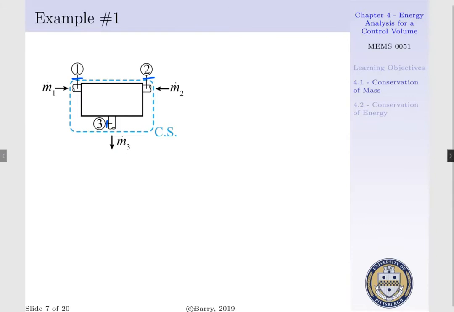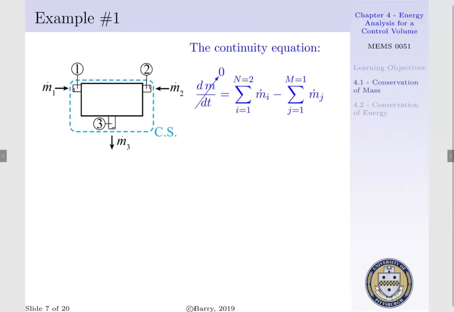Now if we express our continuity equation for an open system that's operating under steady state, we see that our time rate of change of mass, dm/dt, is equal to 0, and we are going to sum our mass flows into our system from i equal to 1 to 2 of m dot i, less our mass flows out of our system from j equal to 1 of m dot j.